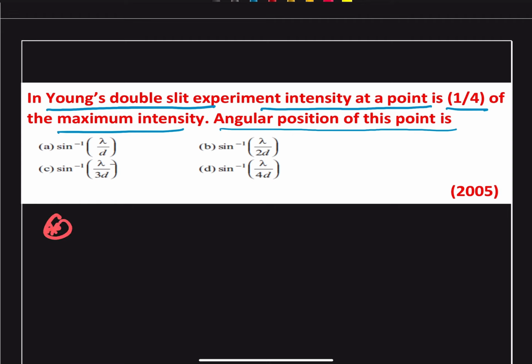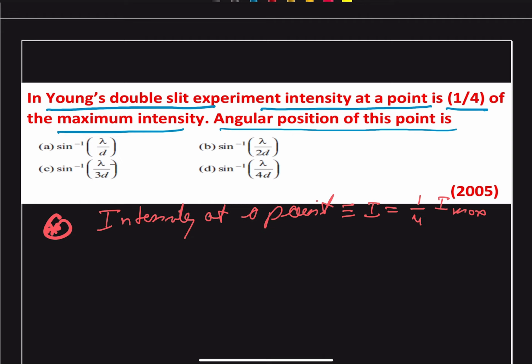You can say that intensity at a point, if that is represented as I, then this I will be equal to 1/4 of I max, that is our maximum intensity.